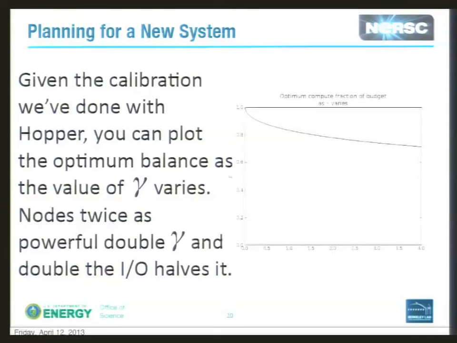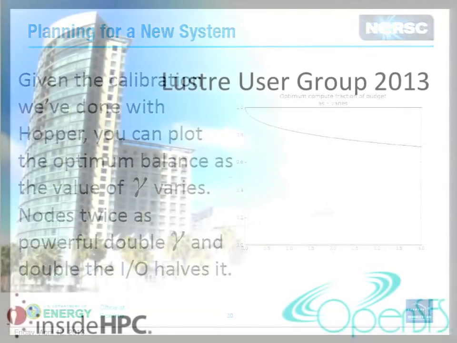Well, that means gamma is now 4, because it's actually linear in that parameter. So if your workload on that new system were identical to Hopper and I've calibrated it correctly, then you should be spending something like 76% on your compute, and what would that be, 24% on your I/O. That's what this gamma curve is telling you. So that's it.